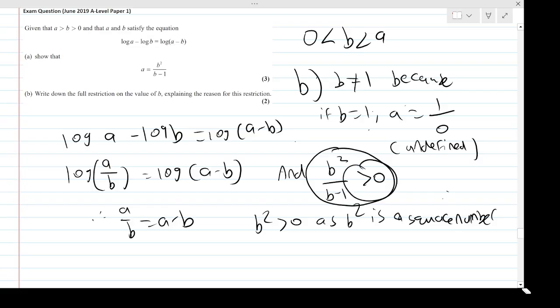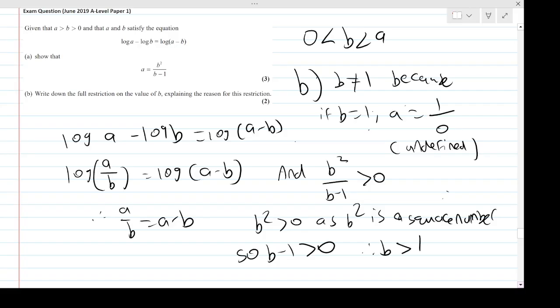So if the fraction is positive, what that means is a positive has to divide by another positive. Because if B minus 1 is negative, then the fraction will be negative, but no, the fraction must be positive, as we discussed. So that means B minus 1 has to be greater than 0 as well. B minus 1 has to be positive, so therefore B is just greater than 1.